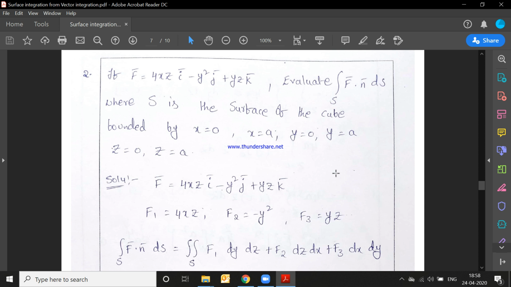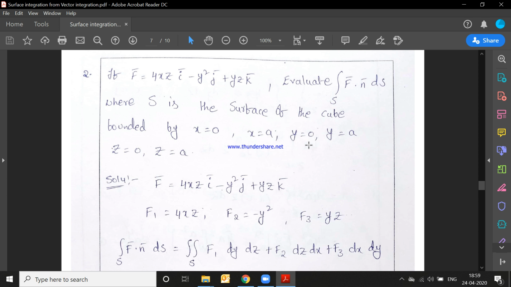Okay, so how do we find the surface integration for the cube? Here the cube has 6 faces and all faces are plane faces, so we can use the direct formula for the surface integration. And n bar is found from the outward drawn normal. If the normal is parallel to the x-axis, it is i bar directly, so n bar is i bar.